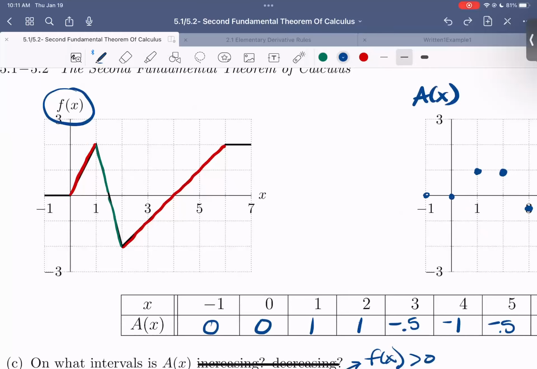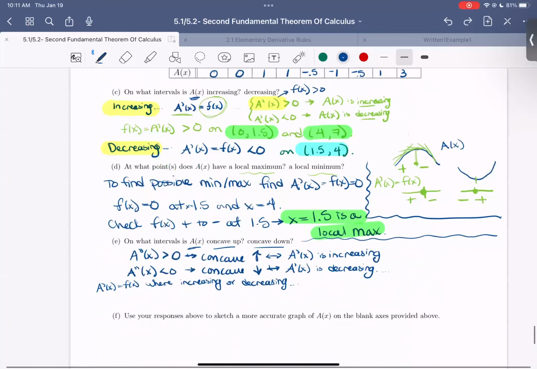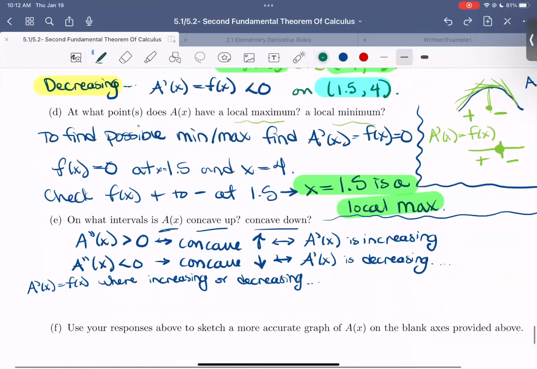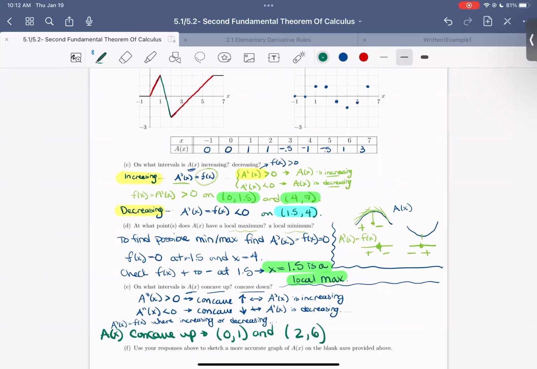Okay, so we've identified where the function, or where the derivative, is increasing or decreasing. So now this can tell us about concavity. So we see that we are concave up. And more specifically, a of x is concave up on the interval from 0 to 1, and again on the interval 2 to 6.